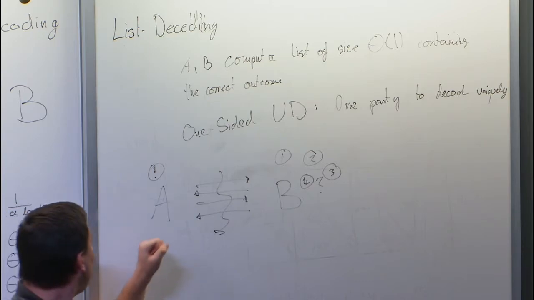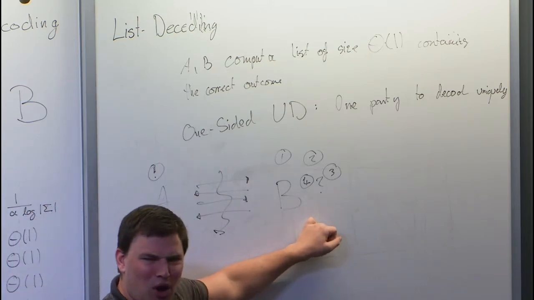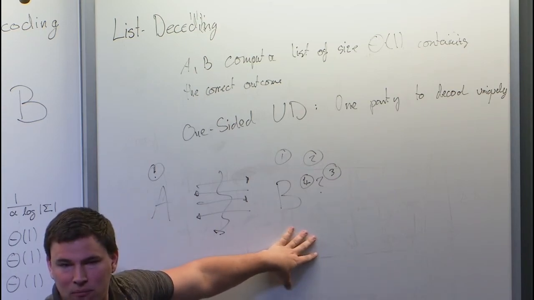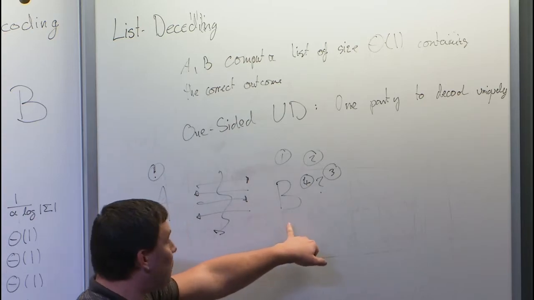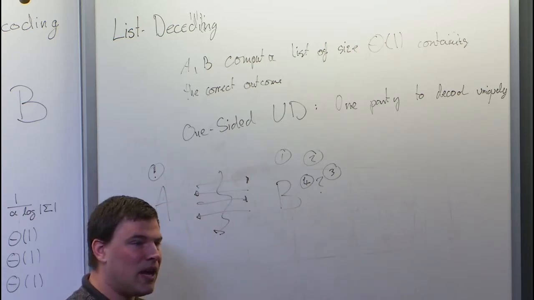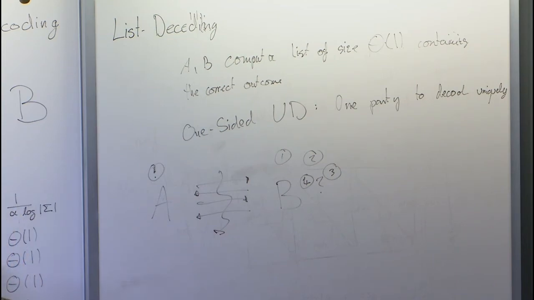I claim that if Alice can uniquely decode, intuitively Bob better be able to list decode. Why is this the case? Well, if Bob, in the end, has no clue what Alice wanted to compute, Bob is a huge database. It can only give very limited answers.